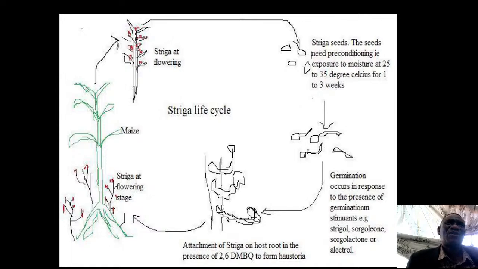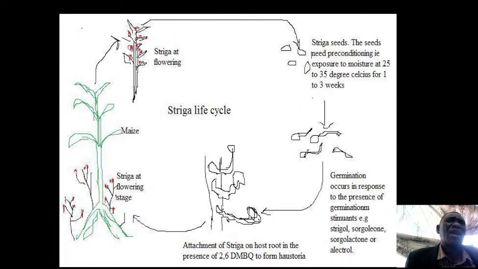You call them haustoria initiation factors. And the 2,6-DMBQ shown there is one of the examples. There could be other compounds which are yet to be identified, which allow the process of attachment.